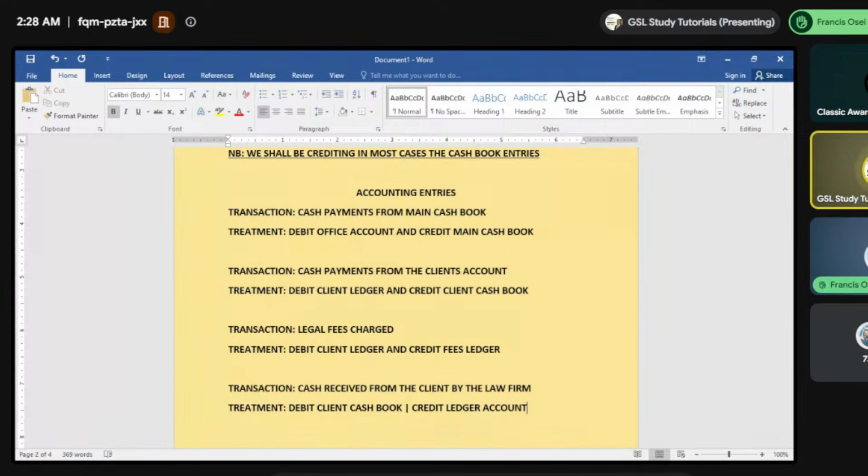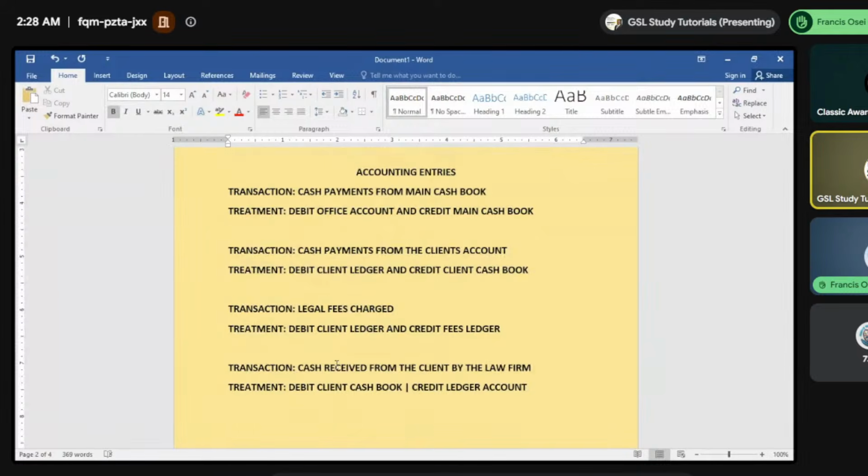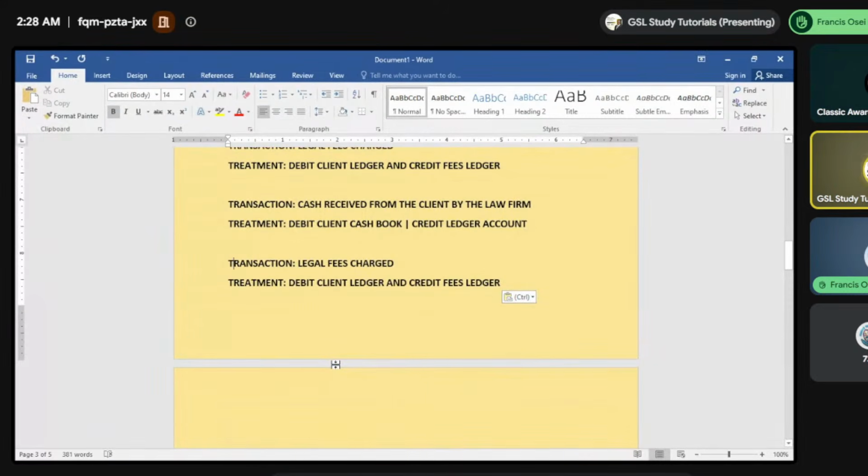Okay, so let me also add it. Solomon, are there any other entries or any other rules so that I can add them up? They said total of the office account. So the transaction is total of office account.